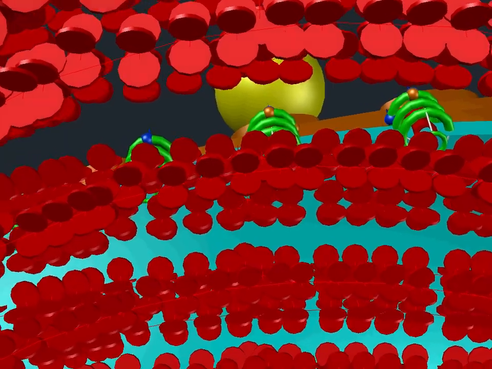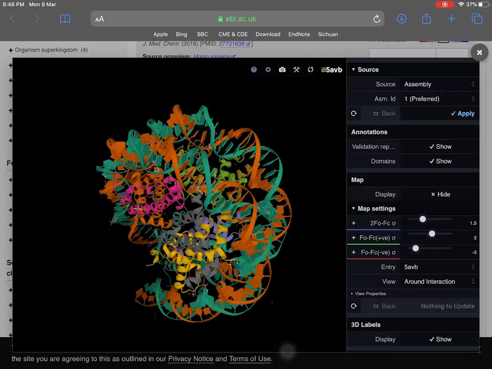Another example shown here is the 3D structure of nucleosome core protein.